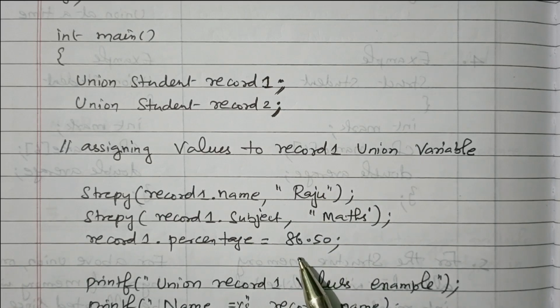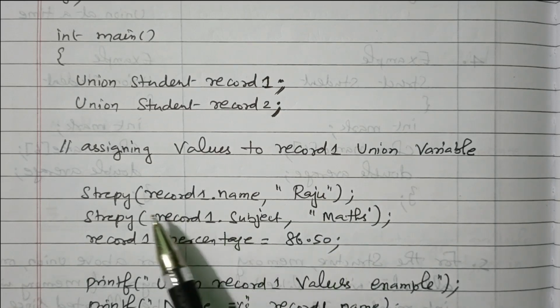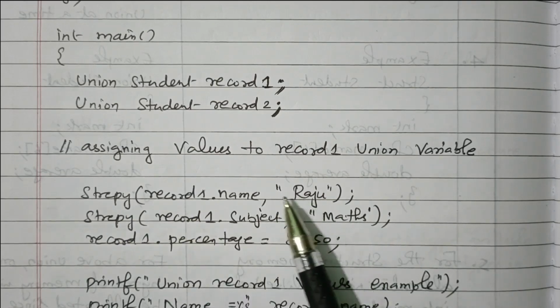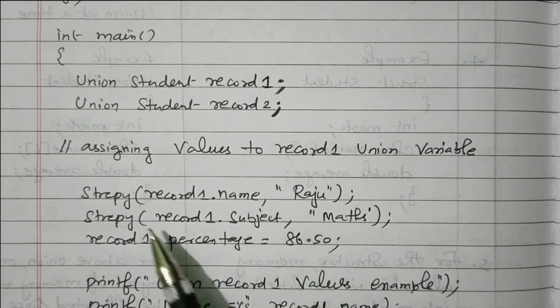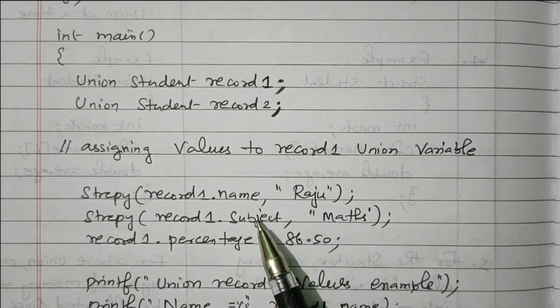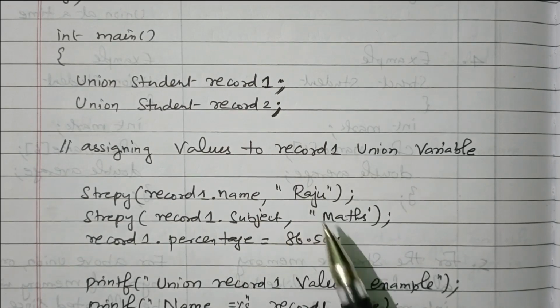So what will happen? In union only one memory location is allocated. While copying to record 1 dot name, Raju will be stored in the memory location. While copying the subject, max will be stored in the same memory location, overwritten. Raju will be overwritten and max will be stored.